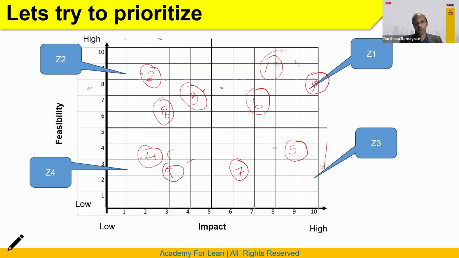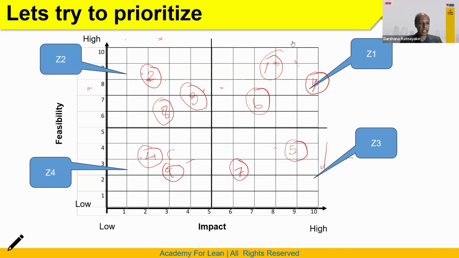Which zone do we implement first? Zone 1? Okay, Yasir says zone 1. I cannot see your name. Any other ideas?